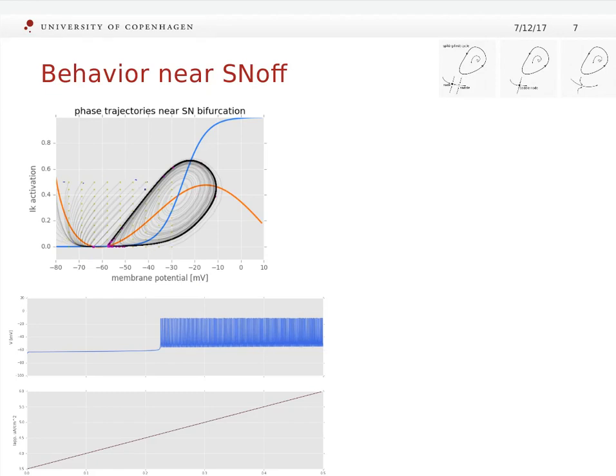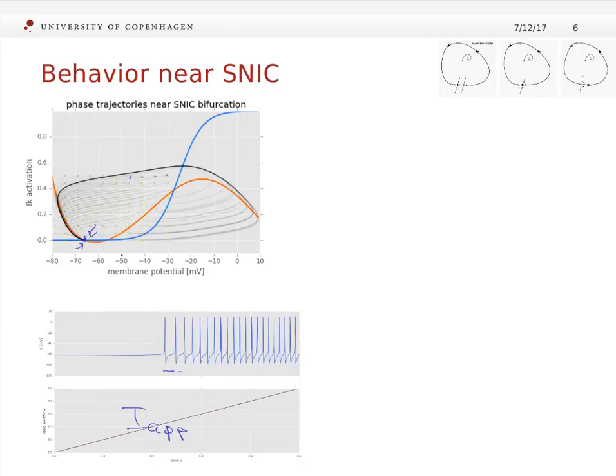So these trajectories will move to the spiking state, and these trajectories will stay on spiking. And one thing I forgot to mention in the previous slide, that the threshold of the excitable system, or excitability threshold for this kind of neuron, is actually the separatrix of the saddle.